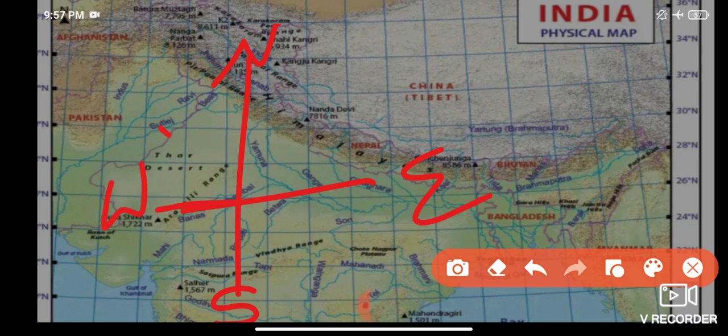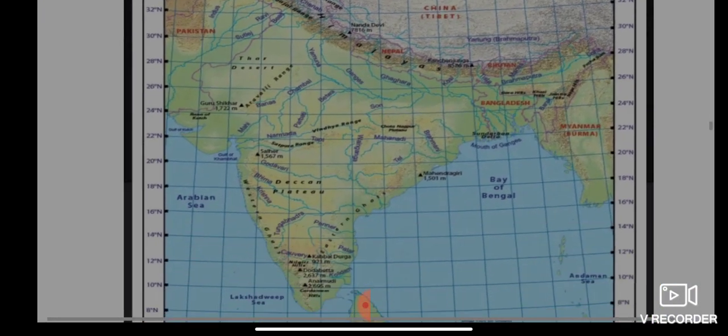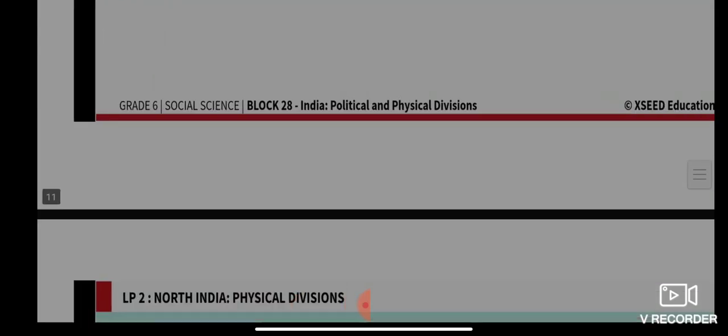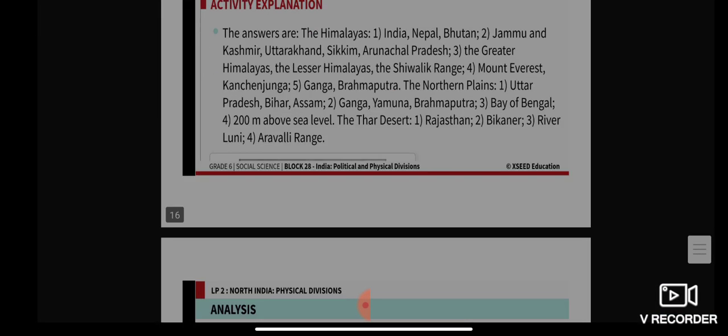Talking about northwest and northeast, you have to find one difference between them by observing the physical map. I hope you are getting me.